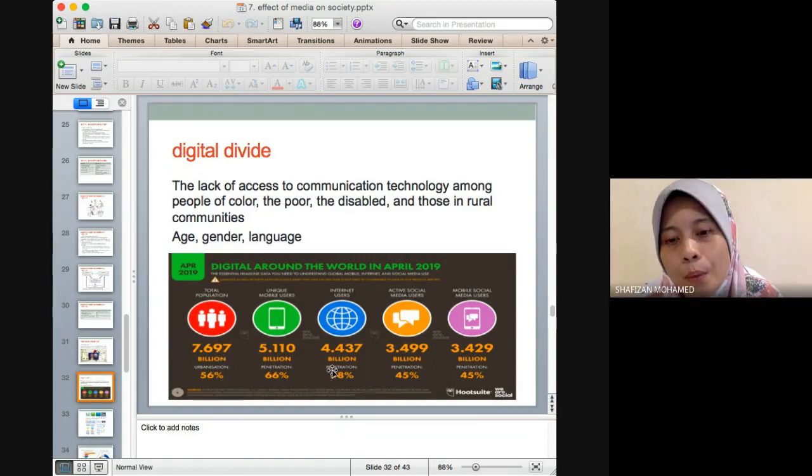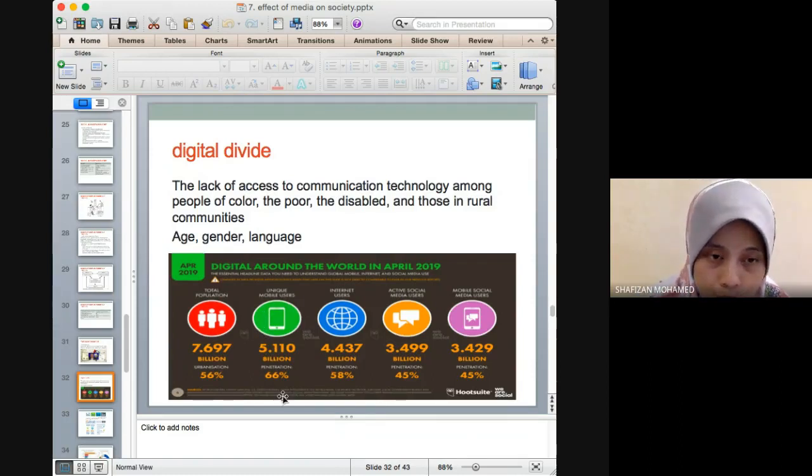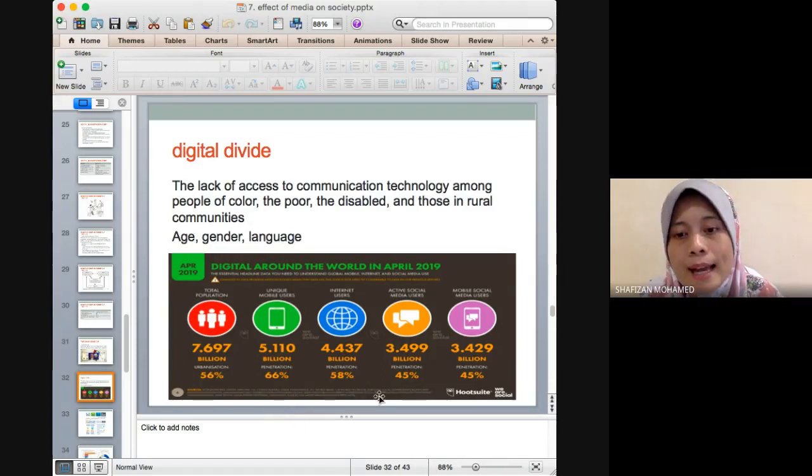And when we talk about the usage of mobile phones, some of you have 3 phones, you change your phones every year. But there are still 34% of the world population with no phone at all. Can you imagine your life not having a mobile phone at all? And internet penetration is only 58%. That means 42% of the world population still do not have access to the internet.